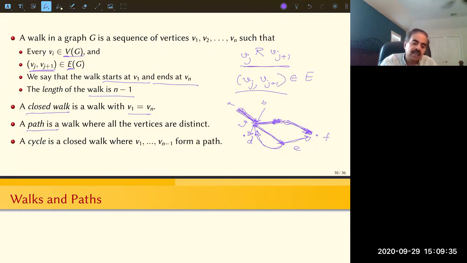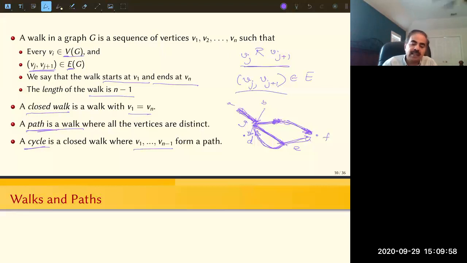So that's the distinction between a walk and a path. Whereas even though you went through this multiple times, that will still be considered a walk, right? And a cycle is a special type of, it's almost a path, right? So if you just ignore the last step, then you have a path, right?